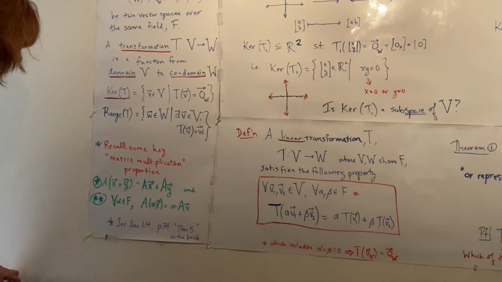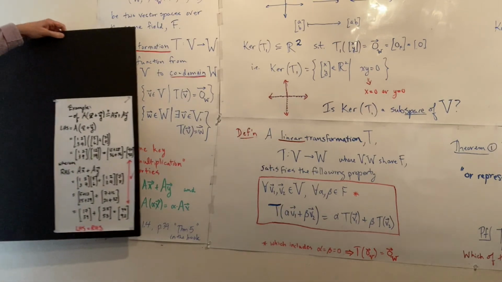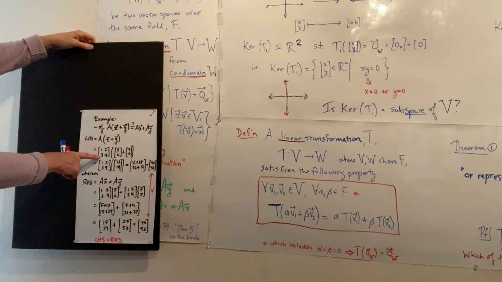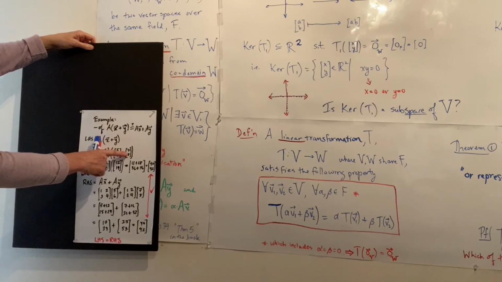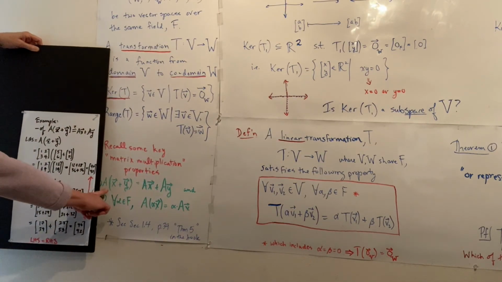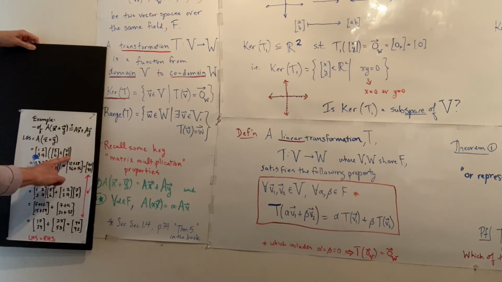An example of this first one, just to get you started, would be, let A be the matrix 1, 2, 3, 4, x be 5, 6, y equal to 7, 8. So the left-hand side of this equation is an example right there.